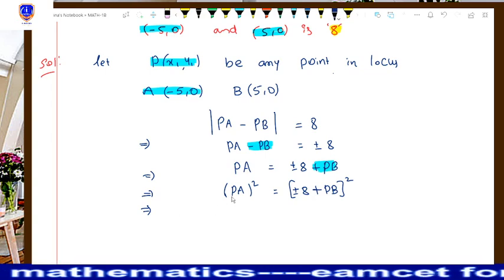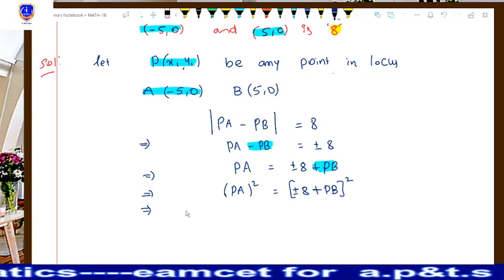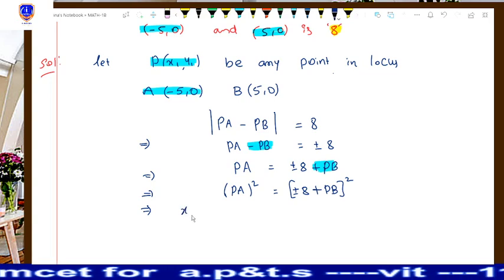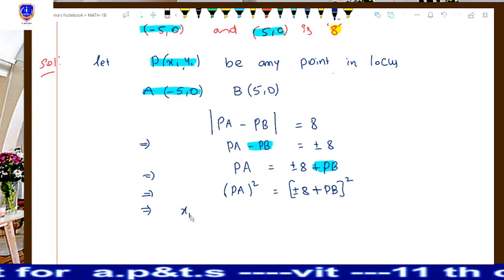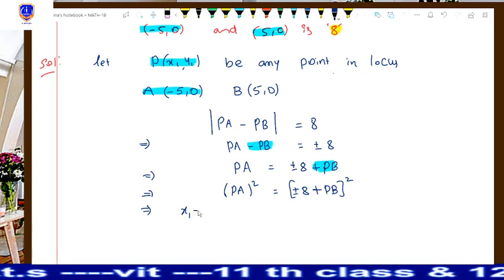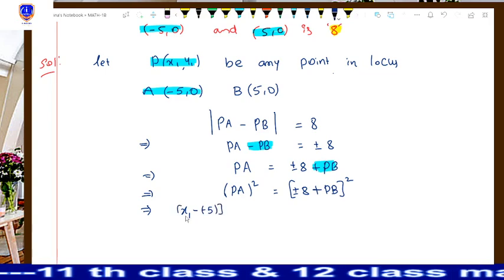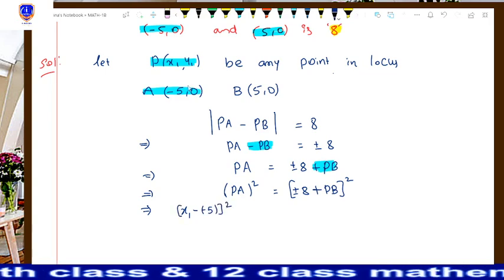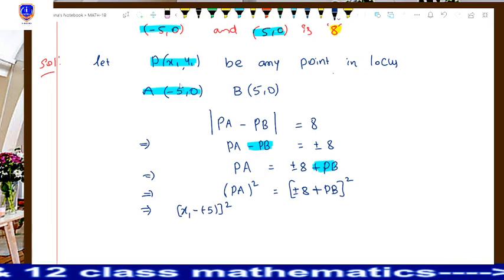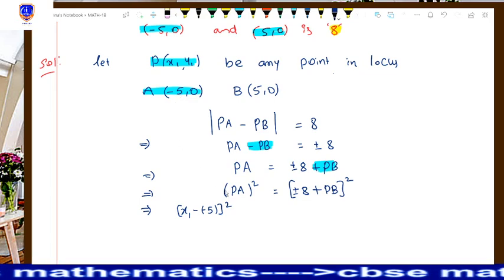PA means distance between the points P and A, we have the formula x1 minus x2, that is x1 minus of minus 5 whole square. You have to take a look at the point P and A only for writing PA.